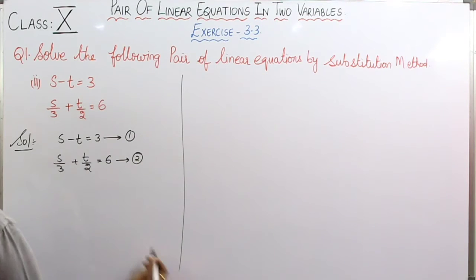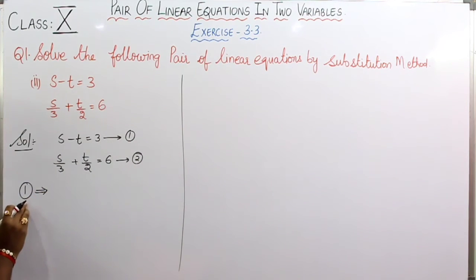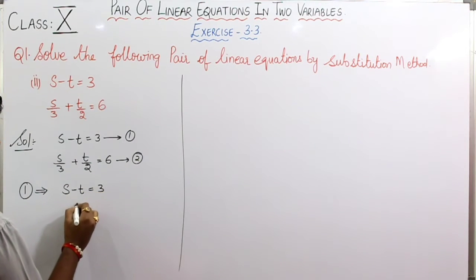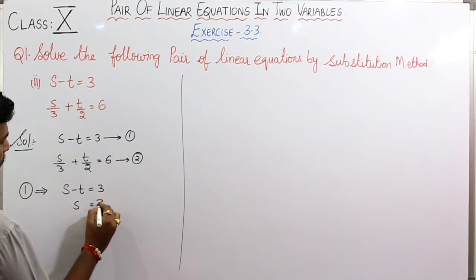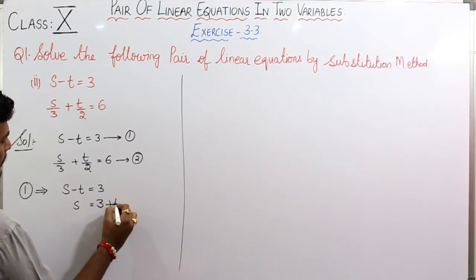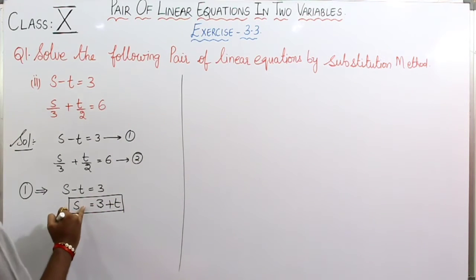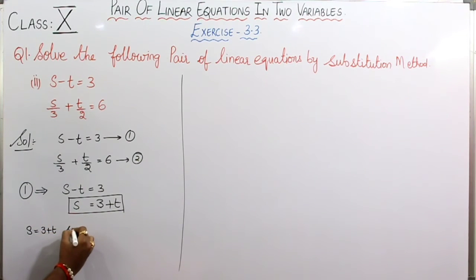Now our first step is to consider any one of the equations. So I am considering the first equation. From s minus t is equal to 3, s is equal to 3 plus t. If you shift the minus t, it will become plus t.